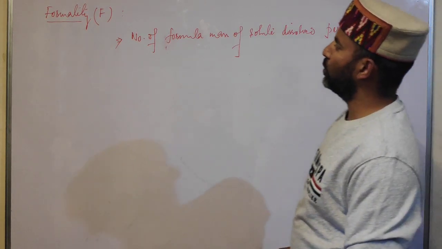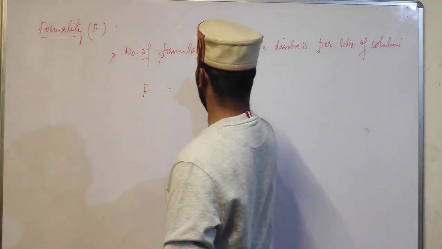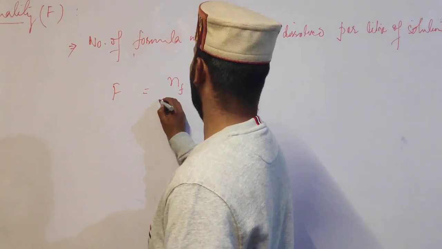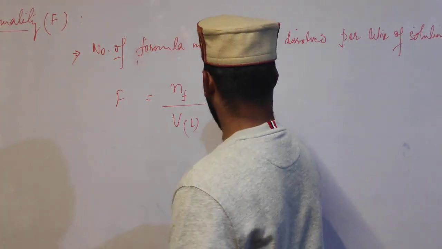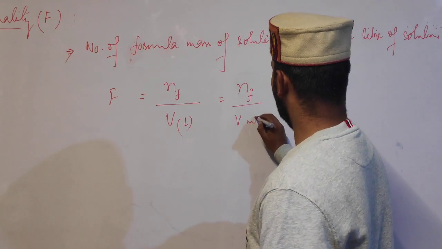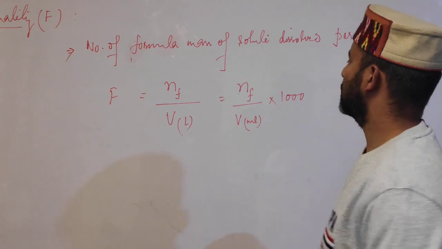So it is number of formula masses and we denote it by F. So mathematically, now number of formula masses, say n, F लिख देता हूं मैं, upon volume, say in liter. And students, when we convert this volume in milliliters, or we are provided with volume say in milliliter, then we'll multiply this by 1000.